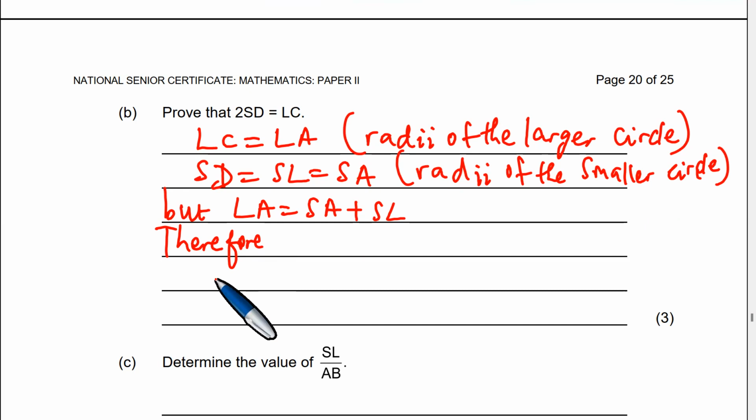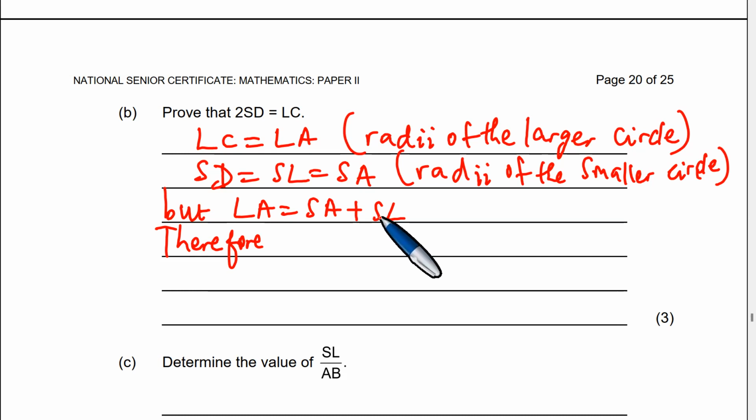Therefore, at this point, we are supposed to prove that LC is twice SD. We have LC is LA, but LA is SA plus SL.